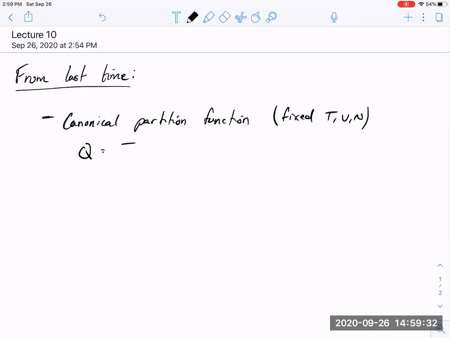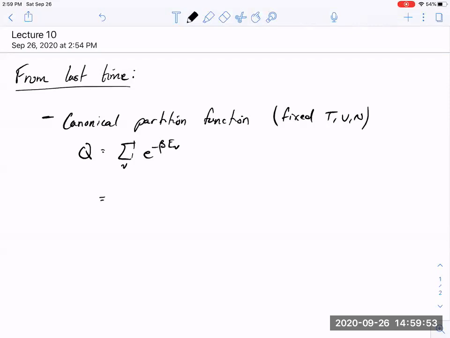It is defined as a sum over all possible microstates of the system, consistent with a fixed volume and number of particles. And that sum is over Boltzmann factors, e to the minus beta, the energy of that microstate.